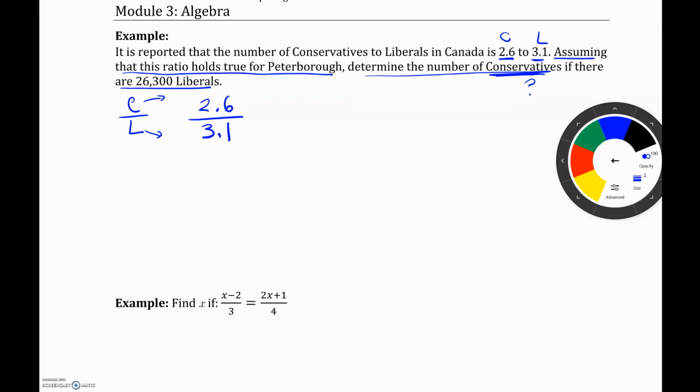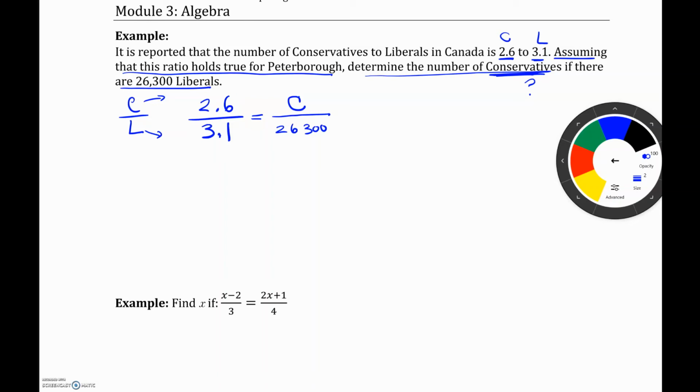26,300 liberals. So here we're going to form now a proportion. So we know the number of liberals is 26,300 liberals. And you want to know how many conservatives. You see, we know conservatives on the top, liberals the bottom, conservatives, liberals. So now it's a matter of solving for C. How do we solve for C?